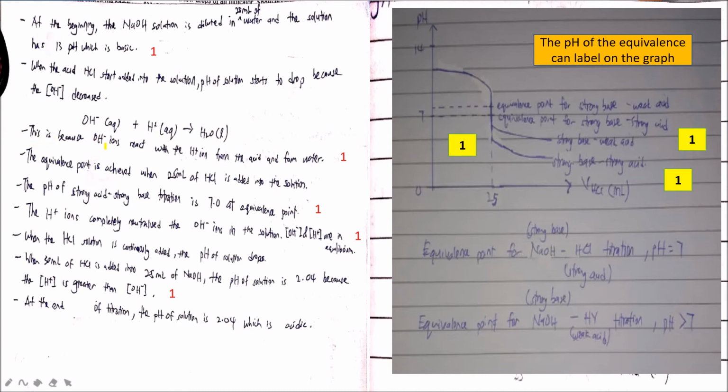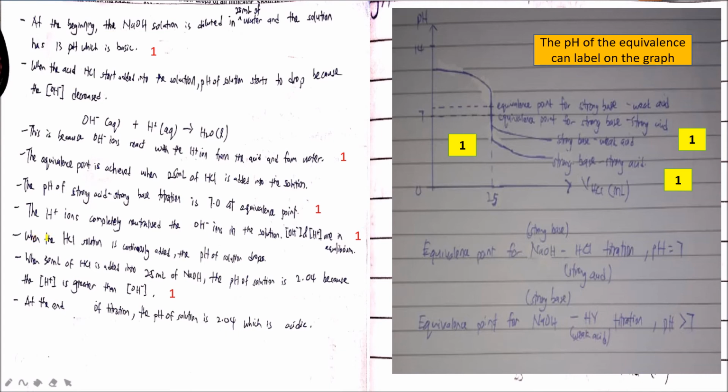So the hydroxide ion reacts with the hydrogen ion from acid to form the water that's neutral, and the equivalence point is achieved when 25 ml of HCl is added into the solution. And we know that at the equivalence point, the pH is 7, and this is because the hydrogen ions completely neutralize the hydroxide ions in the solution, and the concentration of hydroxide ion and hydrogen ion are in equilibrium.